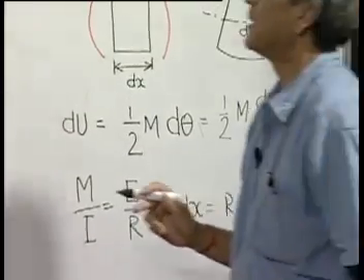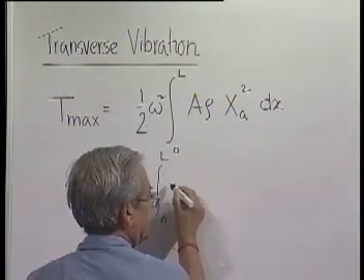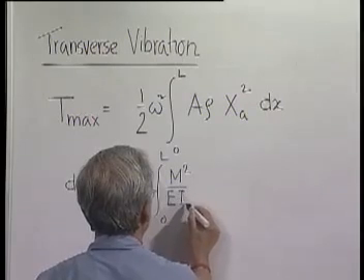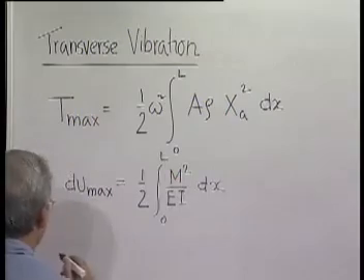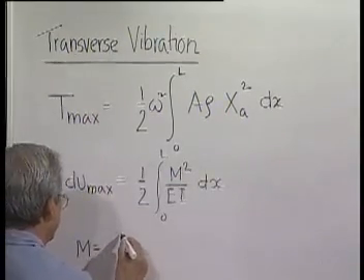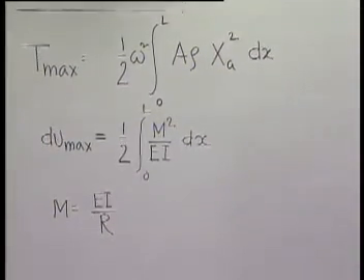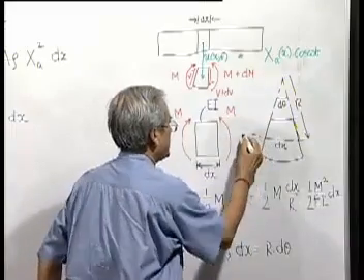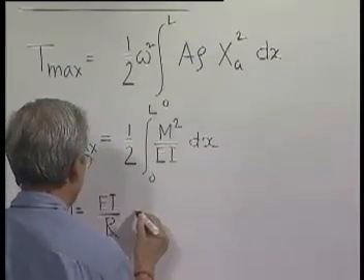Now how much is M? We have already found out M. We have already shown earlier that M is nothing but EI by r, and with the sign convention we use for positive moment, when the neutral axis bends such that its slope gradually decreases with x, a minus sign comes.